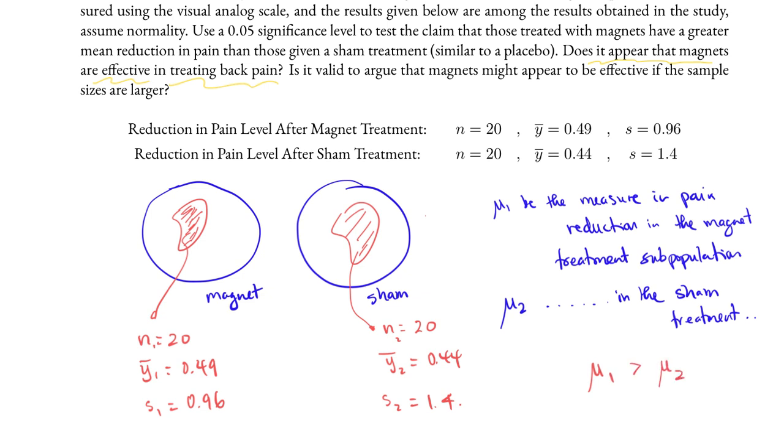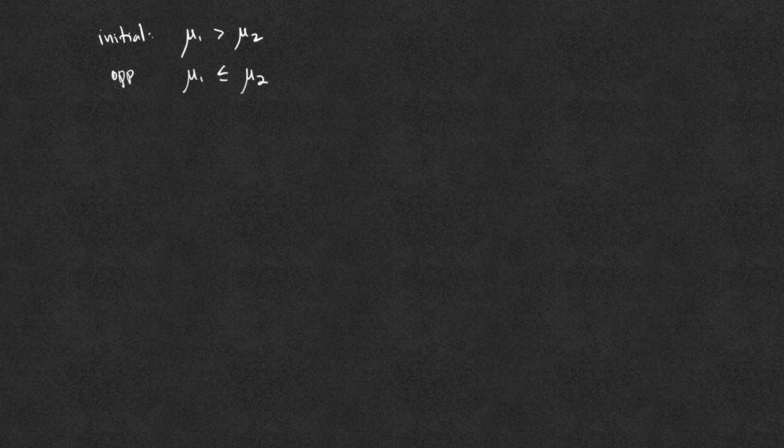We want to check if the reduction in pain with the magnet treatment is better than the reduction in pain in the sham treatment subpopulation. For our purpose for hypothesis testing, the initial claim is mu1 is greater than mu2. The opposite of this is mu1 less than or equal to mu2.